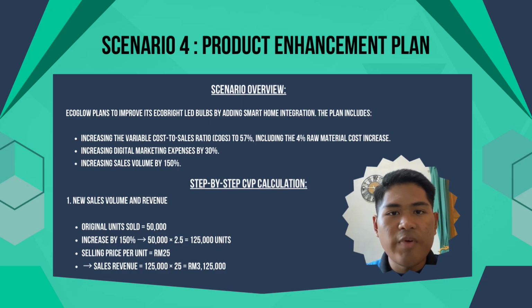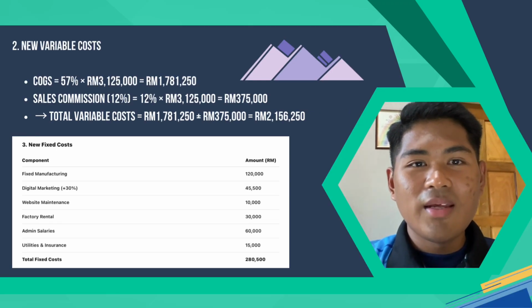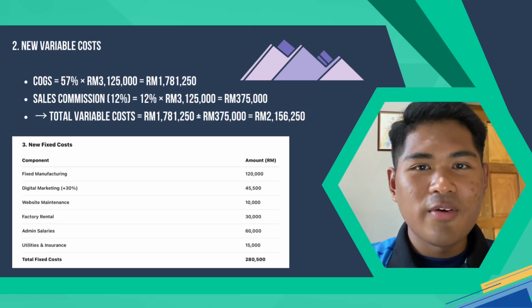So the selling price per unit equals RM25, and then sales revenue equals 125,000 units times RM25 equals RM3,125,000.